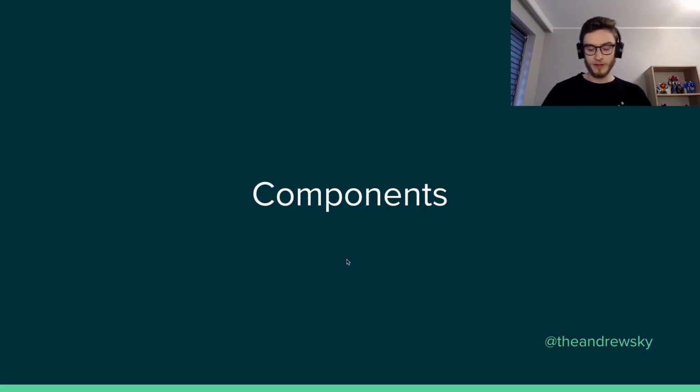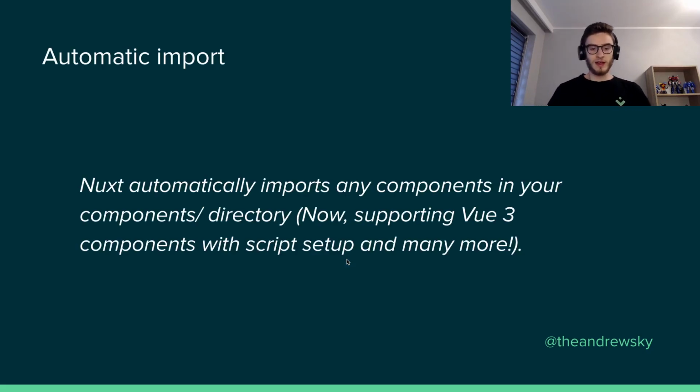In terms of components, Nuxt automatically imports any components in our components directory. So whenever we create a new header component inside the components directory, it will be automatically imported into our project so that we can use it everywhere in the application. And that's not something new.